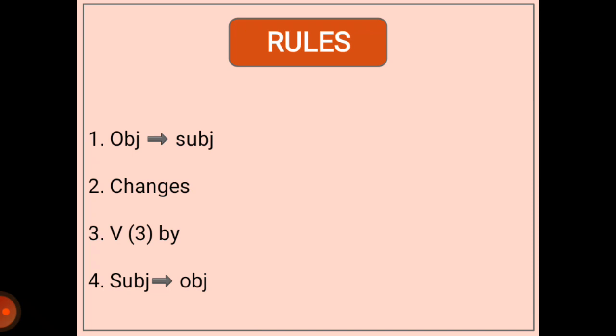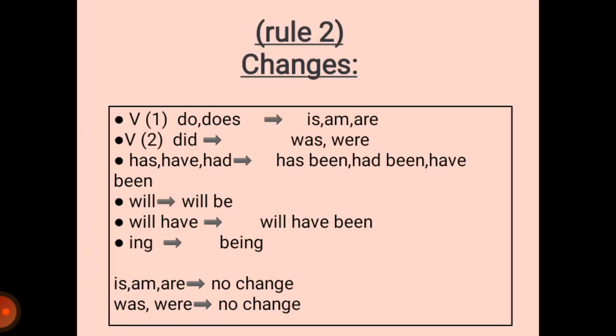As in rule number 1, object was converted into subject, of course we have to move the subject to the object position. So these are the 4 rules through which you can convert active voice into passive voice. If you see the rules in detail, you will get confused, but I have given you the simple tricks through which you can understand how to convert active into passive voice.